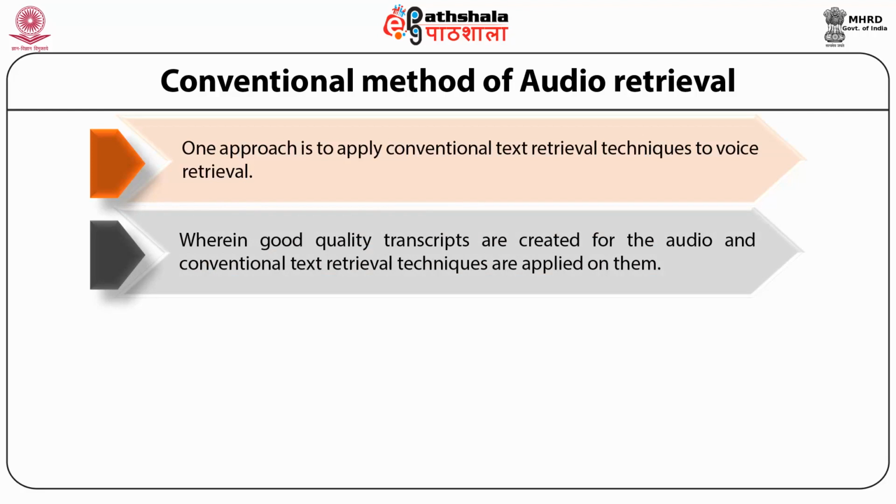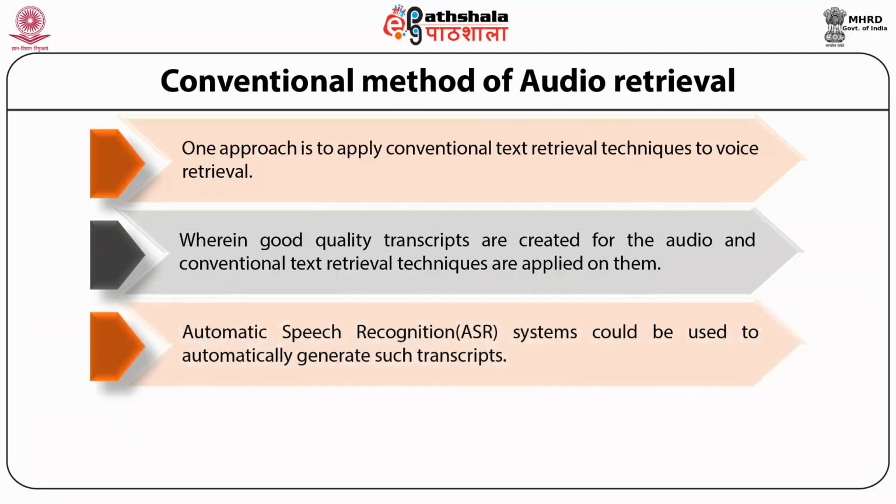The advances in speech recognition have made it possible to automatically generate good quality speech transcripts. A perfect automatic speech recognition system, that is ASR, that can efficiently transcribe spoken audio documents would be an ideal solution.